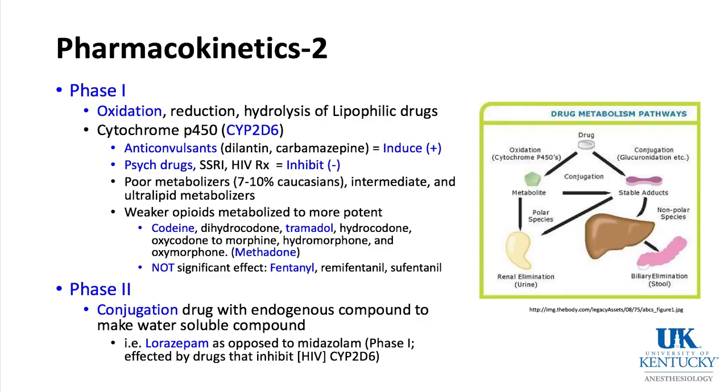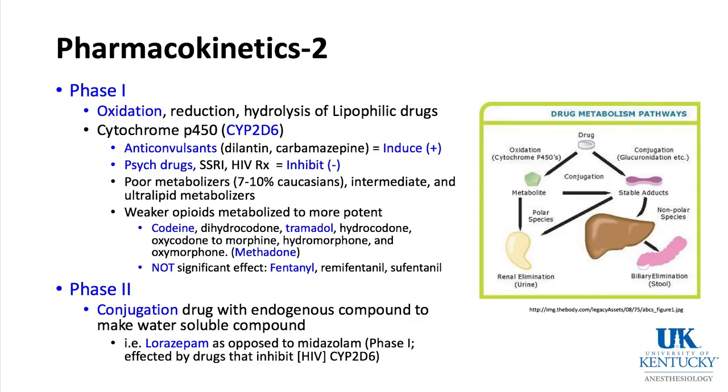So morphine 6 glucuronide would be an example where morphine has a sugar put on it in the 6th position, creating a metabolite which is still active. Morphine 3 glucuronide is a glucuronate molecule in the 3 position on morphine, and that is not active, but is a metabolite that can then be excreted.